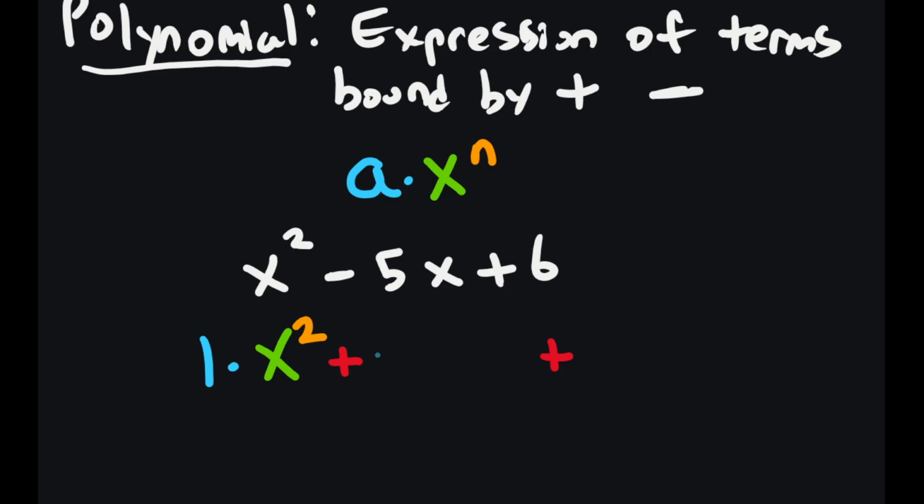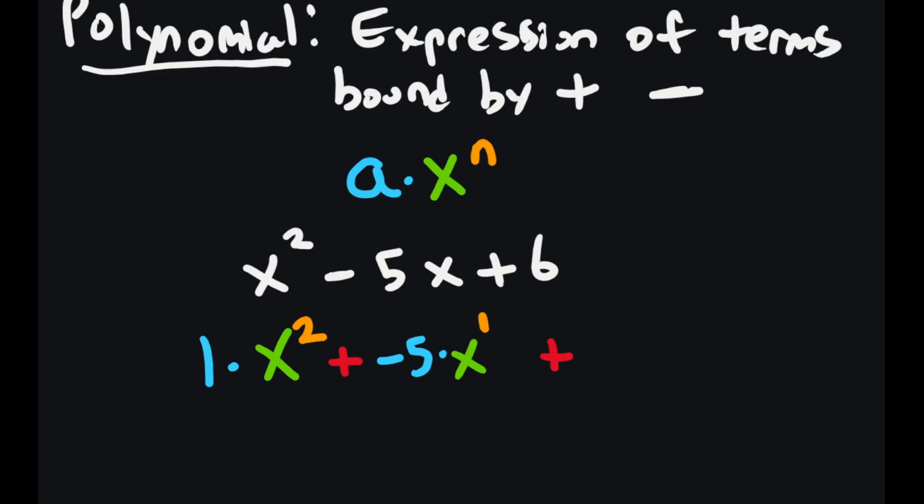Negative 5 times, and the variable is x. Now you can see there's no exponent up here. Whenever there's no exponent, the exponent is always 1, because anything raised to the first power is itself. x raised to the first power is x. That's how you write that in a x to the n form.